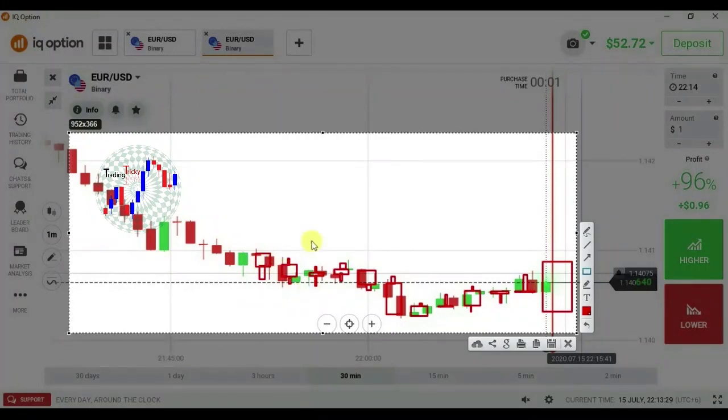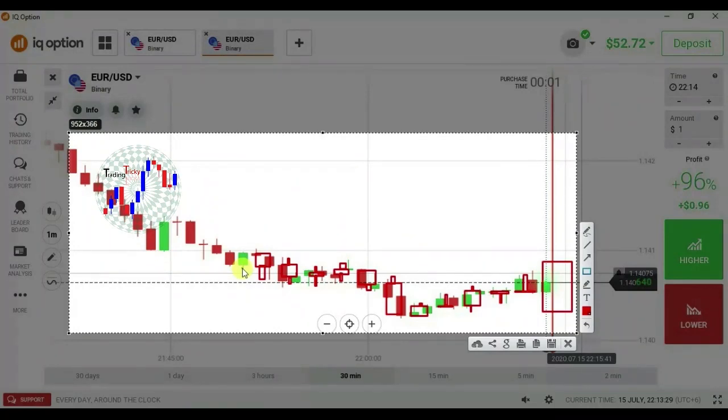Okay, so by this way, now I'll tell you all about this, but you need to understand this chart properly, because this is the base. If you don't know how to convert this chart, how to see the chart, how to read the chart, how to read the candle, you will not be able to understand which way you should go.